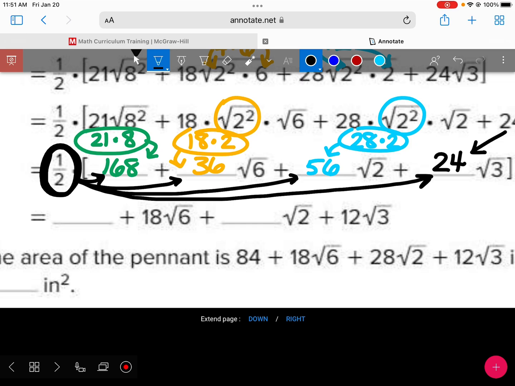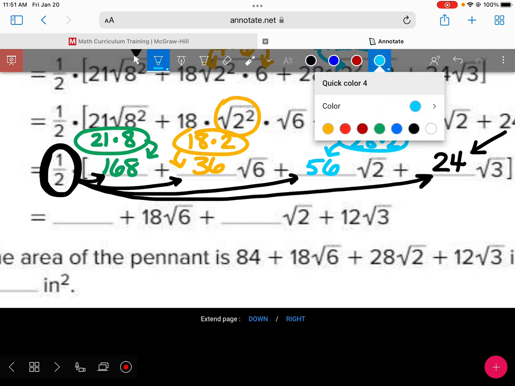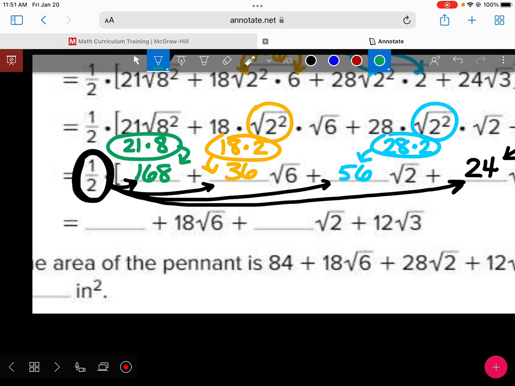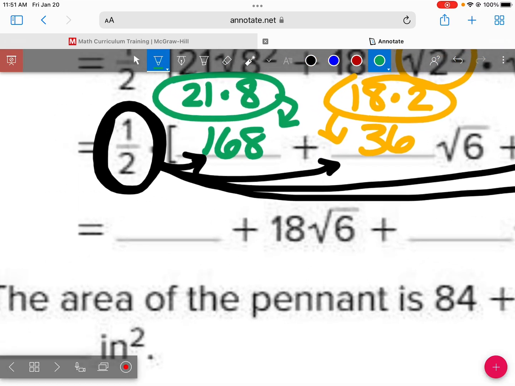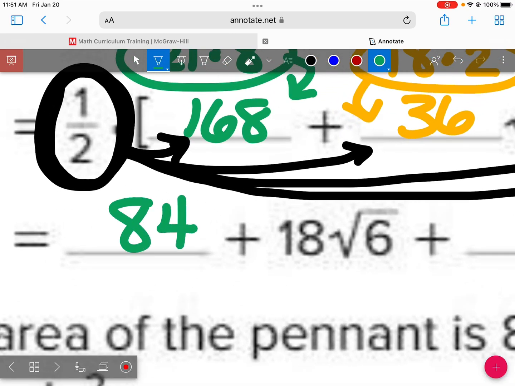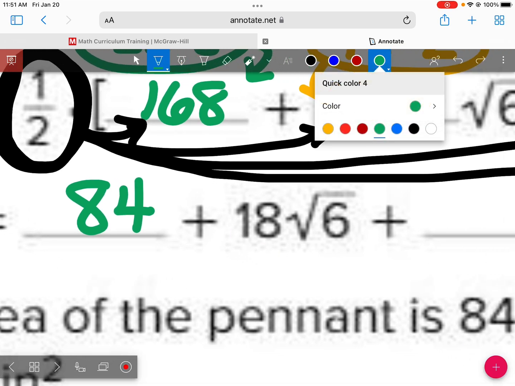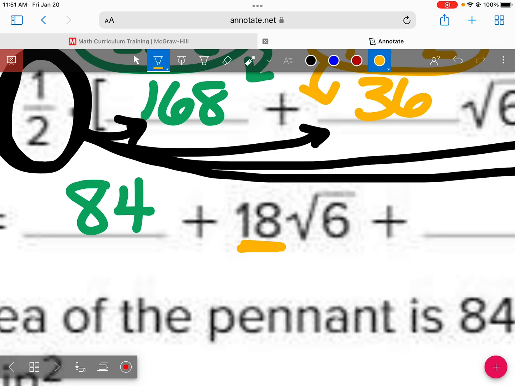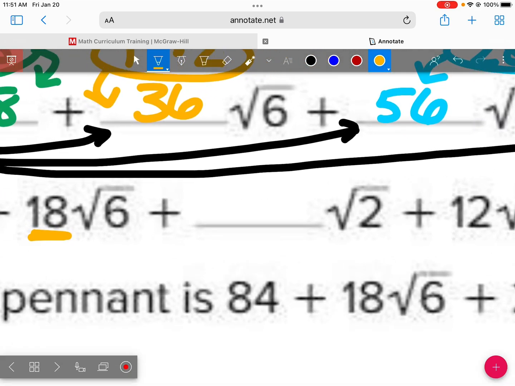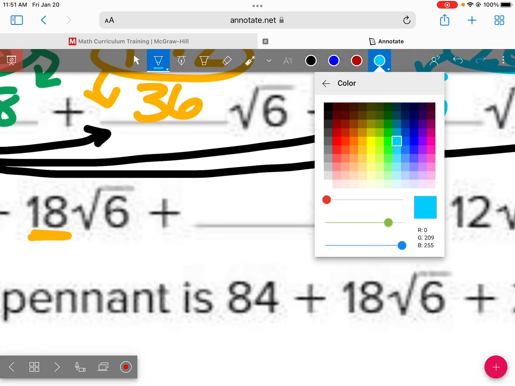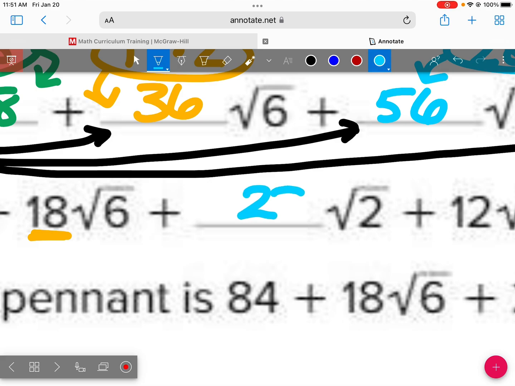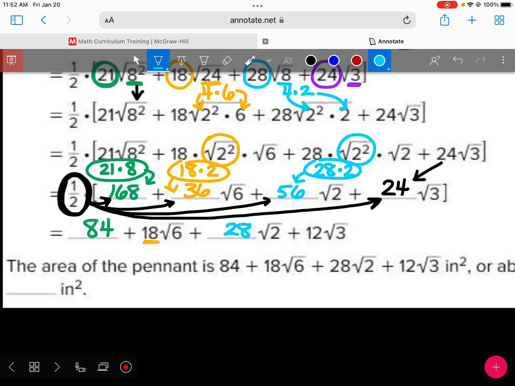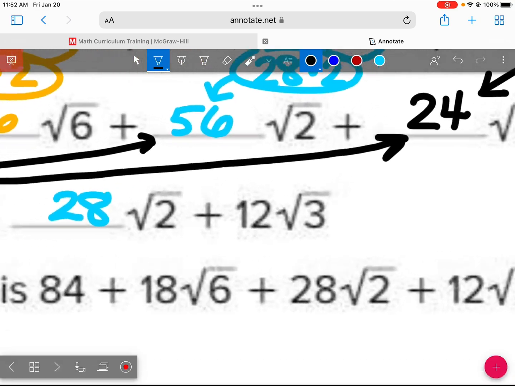What is half of 168? 84. So I have 84 plus, what is half of 36? 18. What is half of 56? 28. And half of 24? 12.